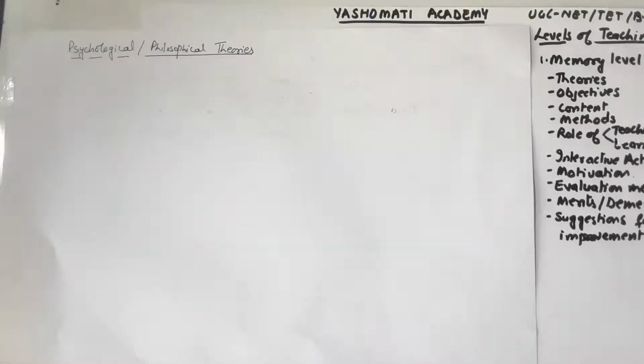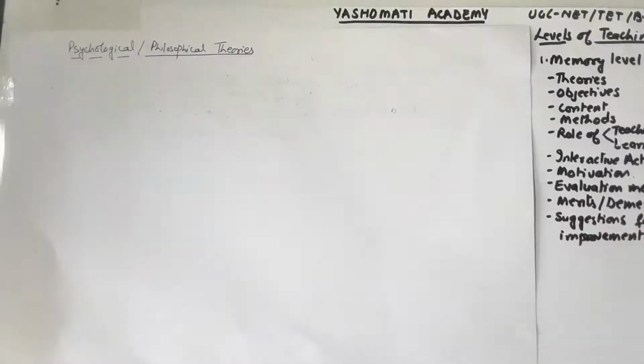Behaviorism theories deal with those kinds of behavior which we can see, and how they can be modulated or how they can be improved. Because one of the main objectives of teaching is that we want to bring in some positive change in the behavior of the learner.